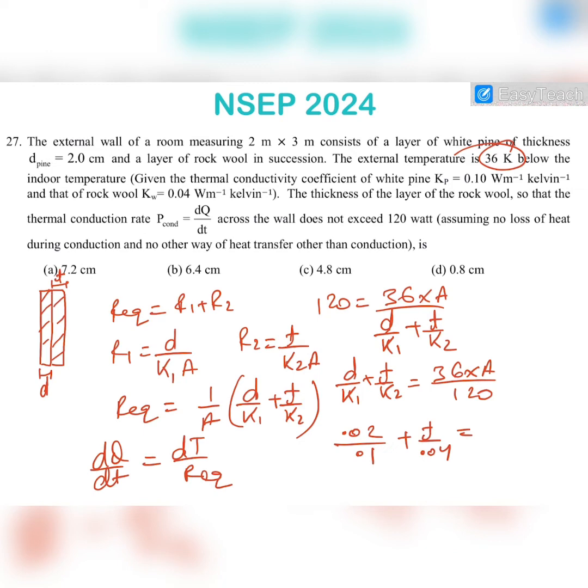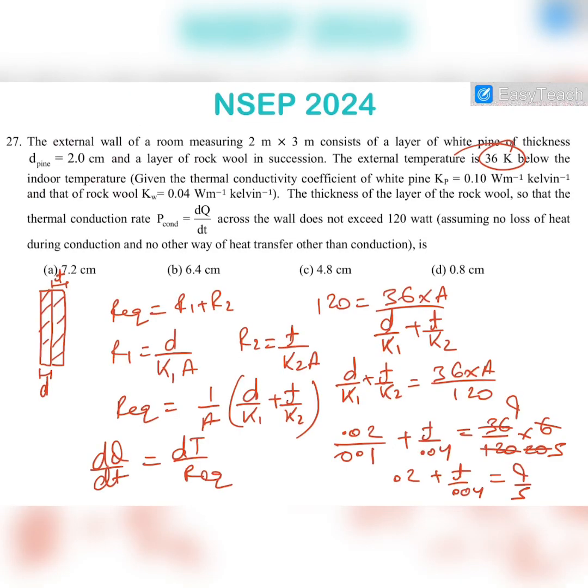This is equal to 36 by 120 into area. Area is 3 into 2, 6. So this is 0.2 plus T by 0.04, which will be equal to 9 by 5.